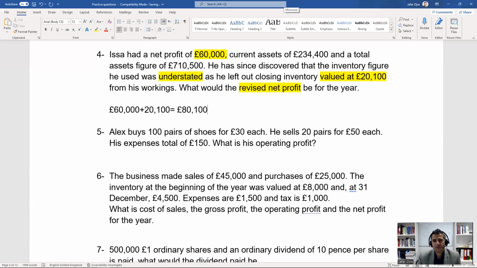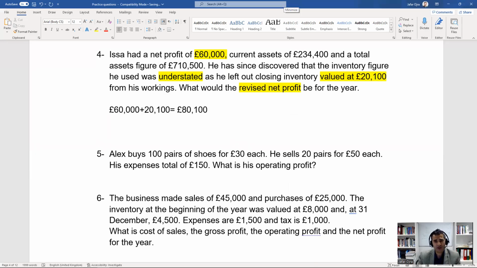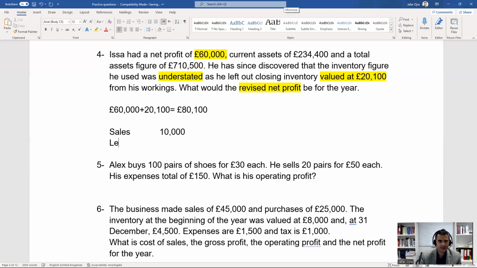Now, if you are not sure about it, let's prove it. I'm going to make up some numbers. Let's assume sales equal £10,000, minus cost of sales.